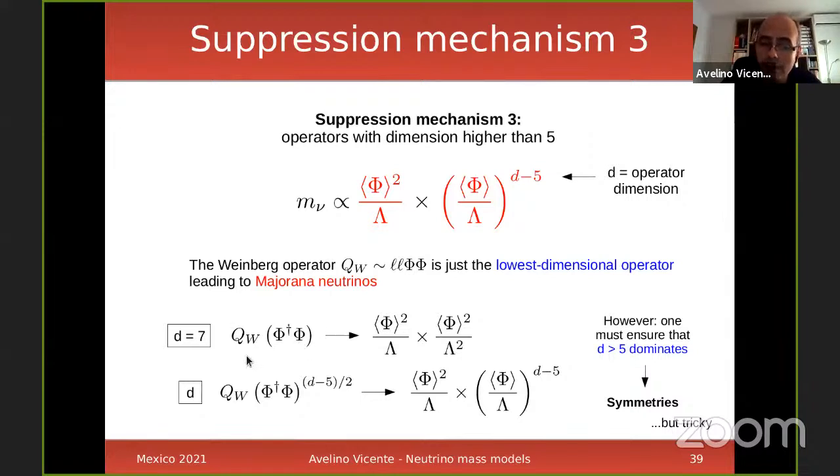This is dimension 7 because you have the 5 dimensions included in the Weinberg operator plus 2 dimensions coming from phi dagger phi. So in this case, this would induce neutrino masses proportional to the vev squared divided by lambda coming from the Weinberg operator times vev squared divided by lambda squared coming from the additional phi dagger phi.